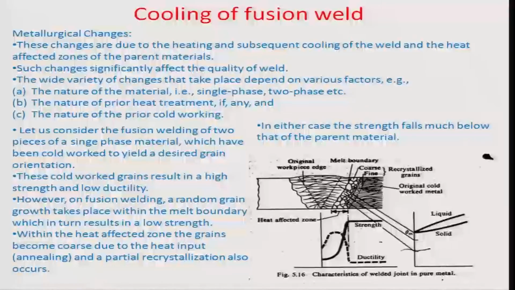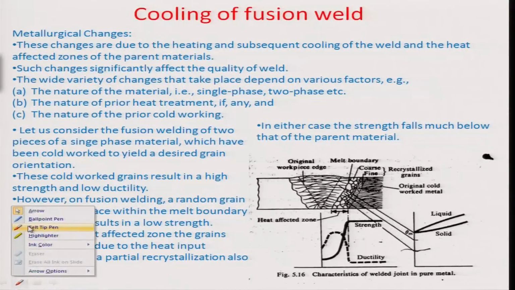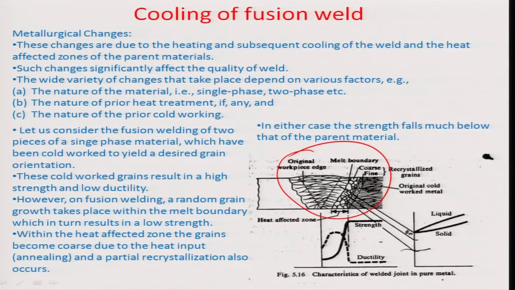If you look at this particular weld right here, you can see that there are two base plates which are being welded by a liquid metal, and there is something called a melt boundary which is signified by this area, within which the metal is in liquid form, solidifying.